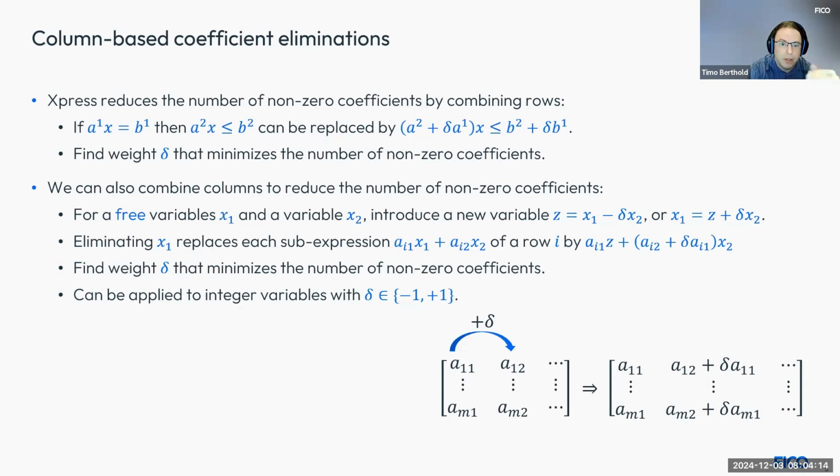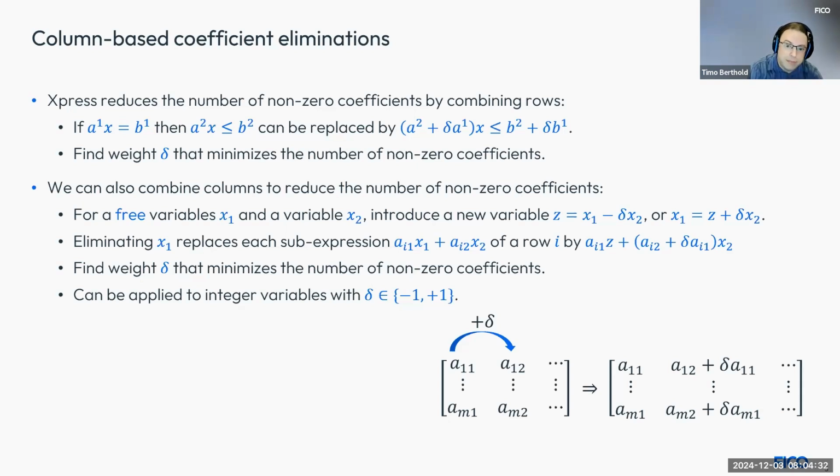One row and another very similar, not yet identical row are often added to each other, and this then results in cancellations, reducing the number of non-zero coefficients and potentially leading to further reductions.